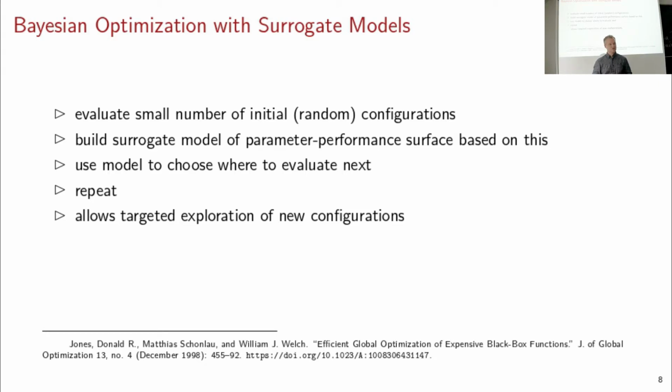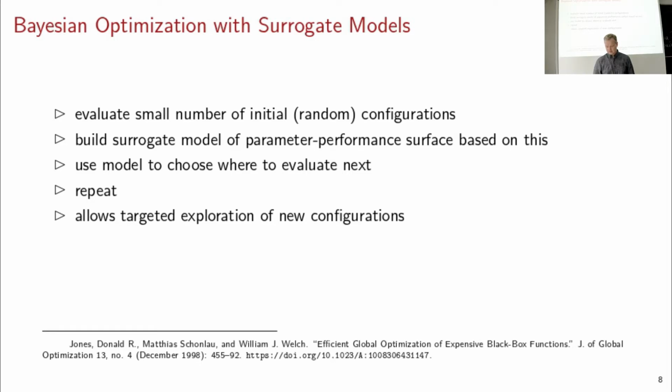Then we use this model to choose where to evaluate next, so essentially we make a series of predictions and, for example, choose the one that would improve most over what we have seen so far. We evaluate that, that gives us a real, true data point. We train the next iteration of the model or update our model, and then we repeat that until we run out of space of these tiny samples that you saw earlier.